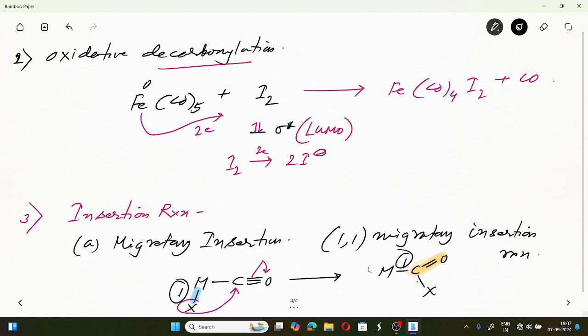Now if you consider a real example, suppose you are given Mn(CO)5CH3, upon treatment with isotopically labeled carbon monoxide.